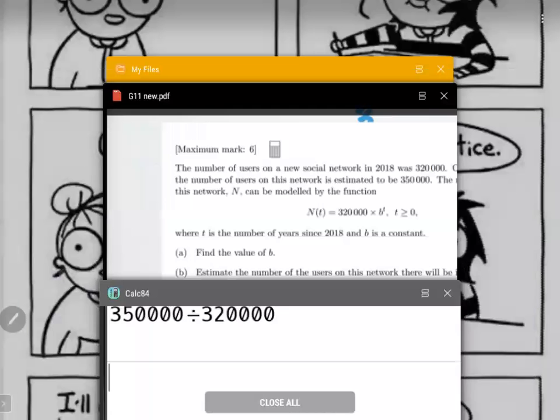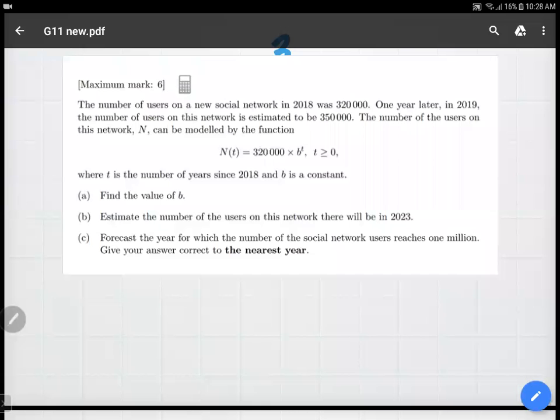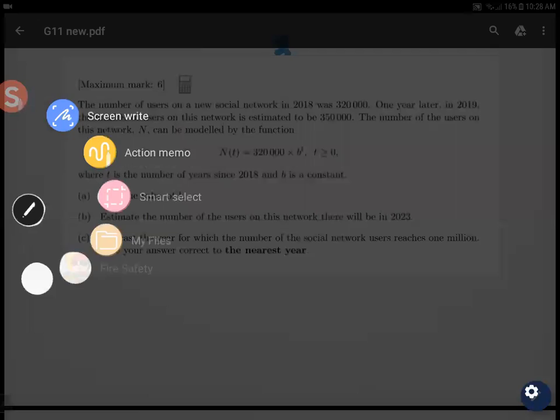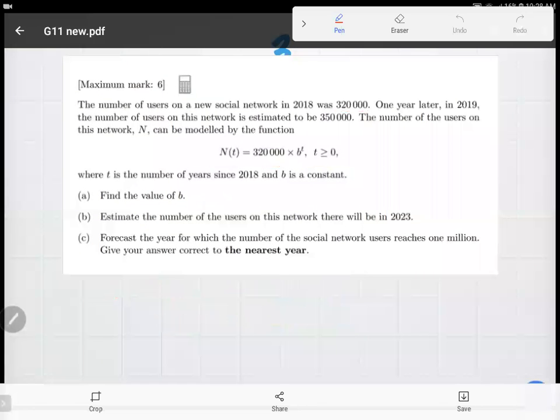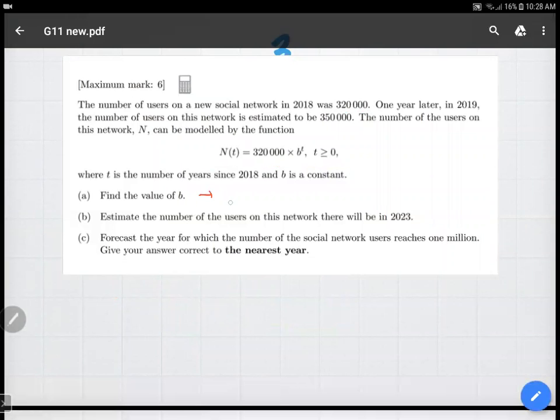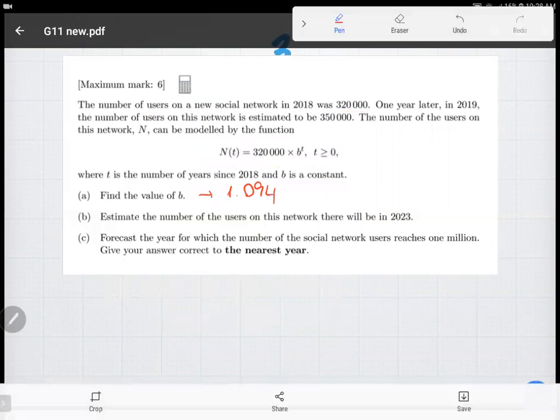Go back to the question. So we get that b is equal to 1.094. And then we can continue our solution with part B.